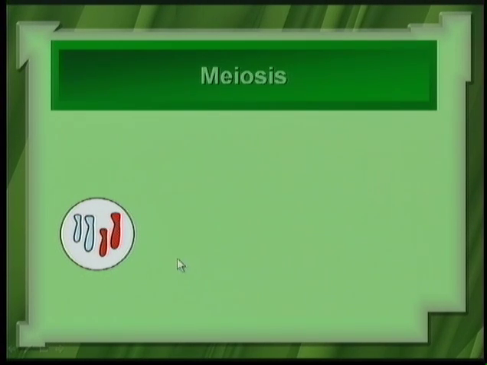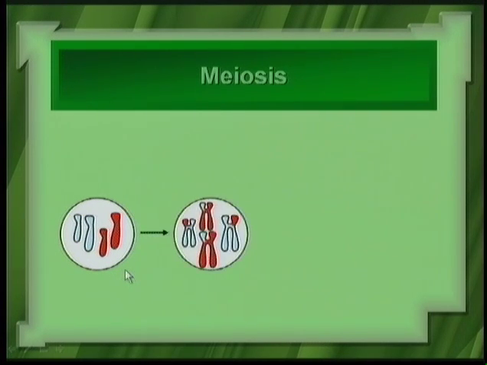Then after the cell cycle, when the chromosomes are duplicated, after the gap 1 phase, the S phase, the gap 2 phase, and then after prophase, when crossing over has happened. Remember that a very important event during prophase 1 of meiosis 1 is called crossing over.